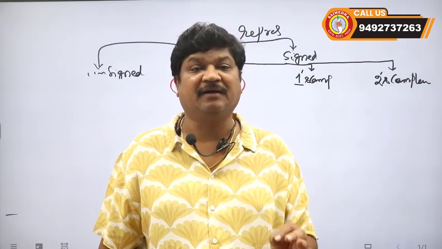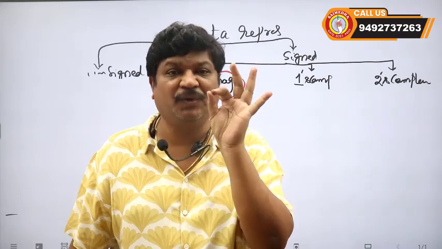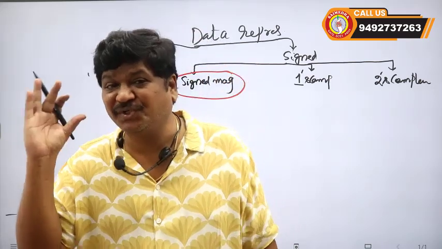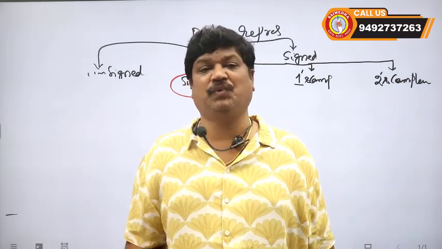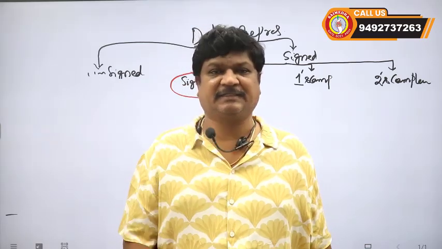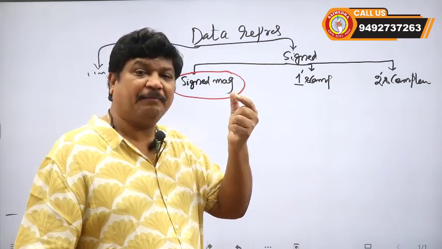If the sign bit is 0, the number is positive. If the sign bit is 1, the number is negative. Like that, we can represent signed numbers.